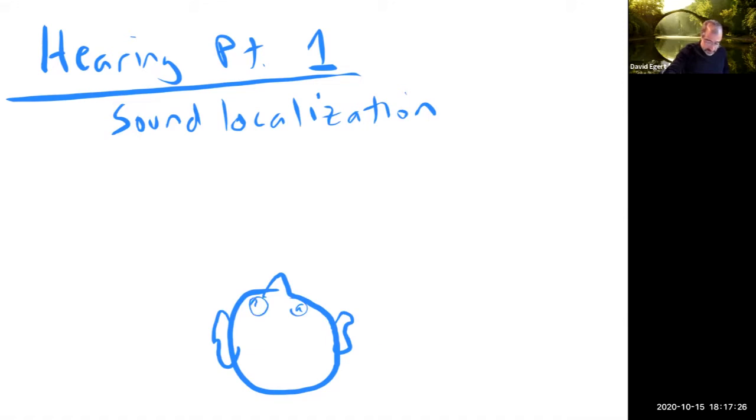So these are supposed to be your ears. The other reason this is going to work is because sound is really slow. Light is instantaneous. Light is, what is it, 186,000 miles per second. Sound waves are only traveling, what is it, 300 meters a second? It's pretty slow.